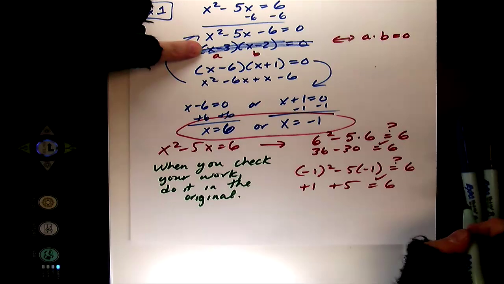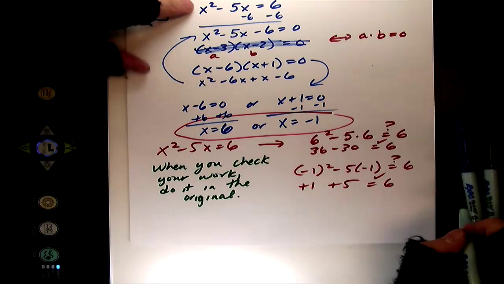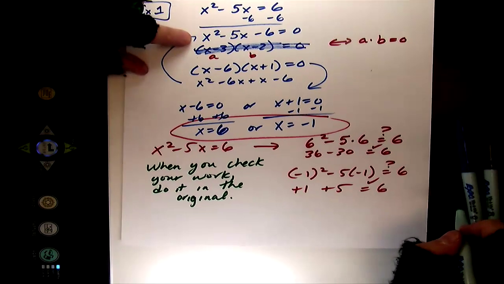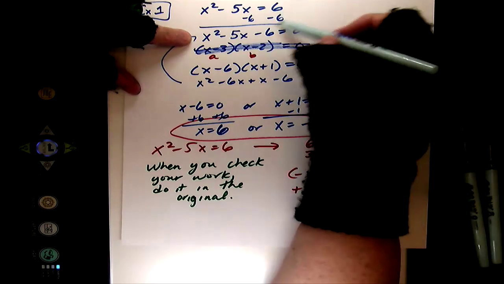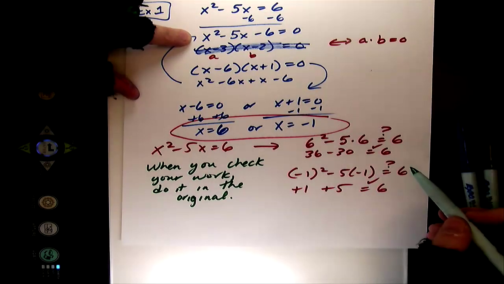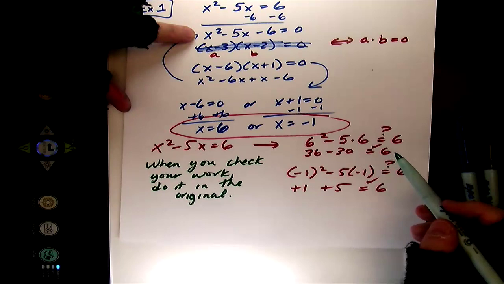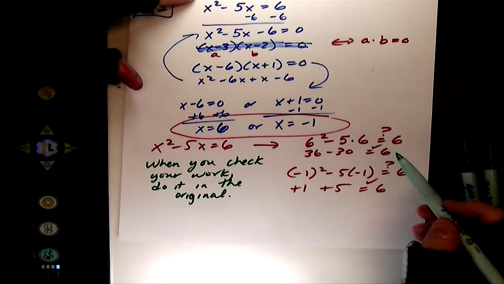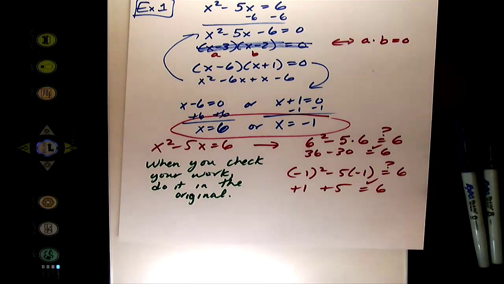And it would have gone wrong. I could have made a mistake here. I could have had x squared minus 5x plus 6 and done this moving wrong. And I would have had different answers. So if I'd done that wrong and plugged it in even here, it would not work in here, but it would work in here. So always go to the original line when you're checking over.